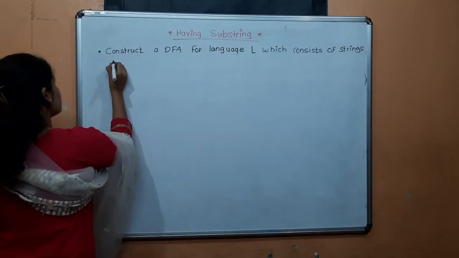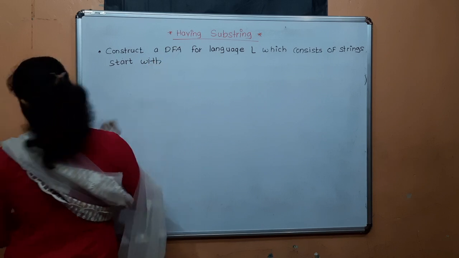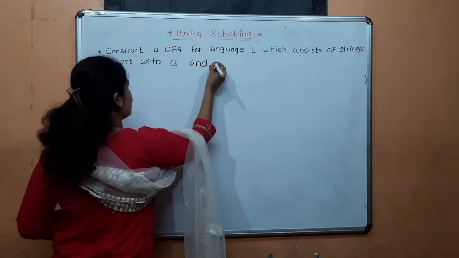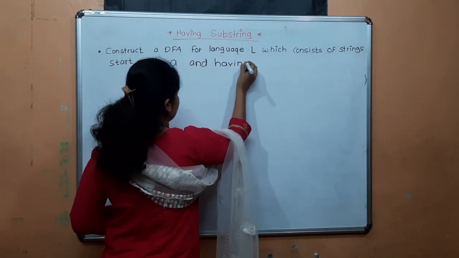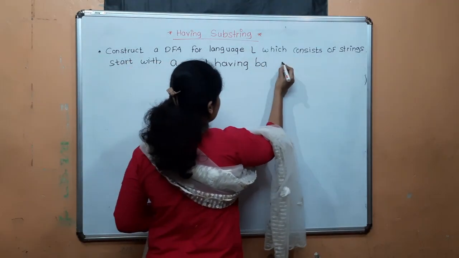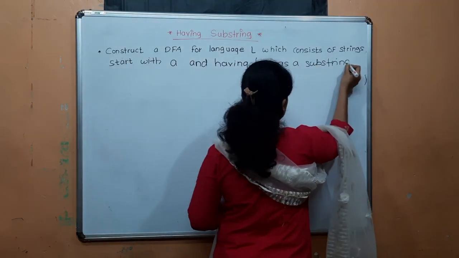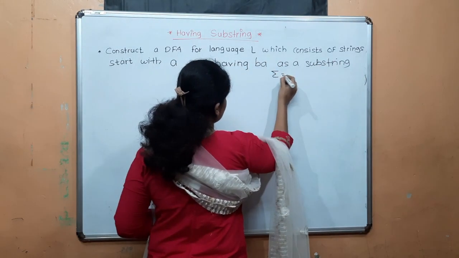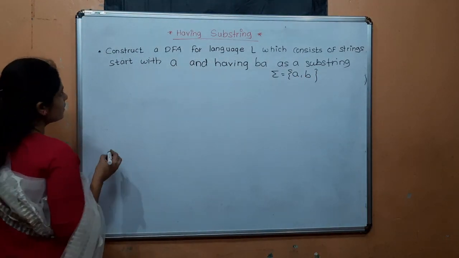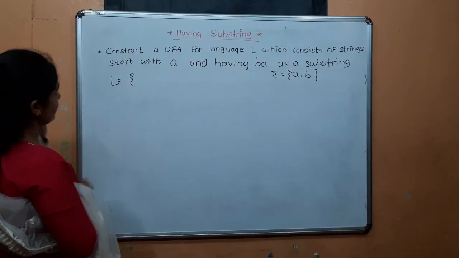Okay, string starts with A and having BA as a substring, over the alphabet A, B. Then see here, what is the language here?